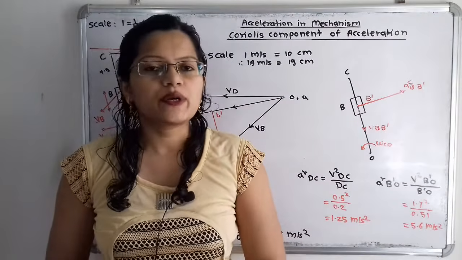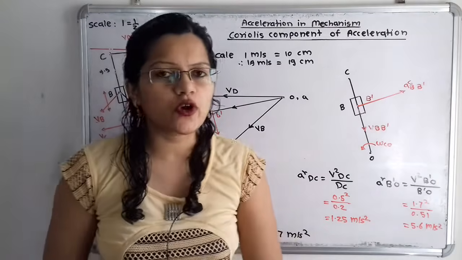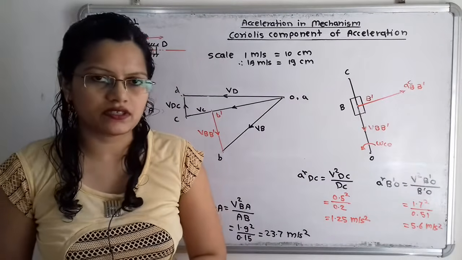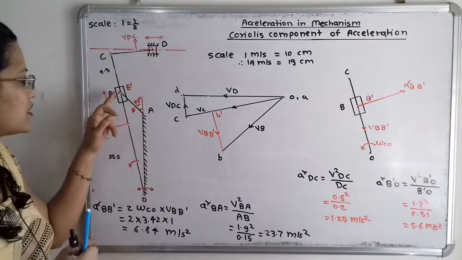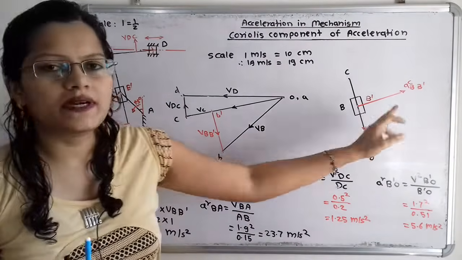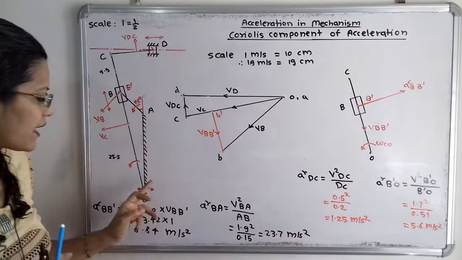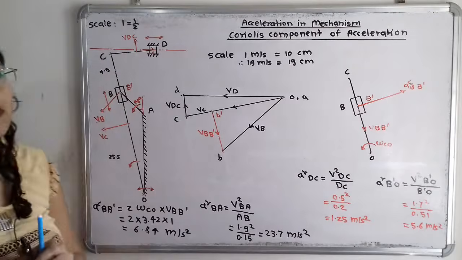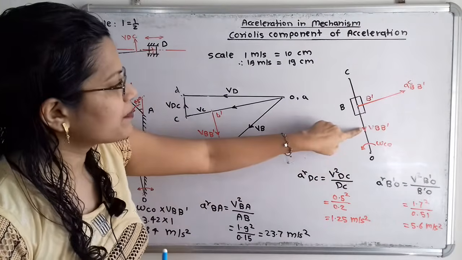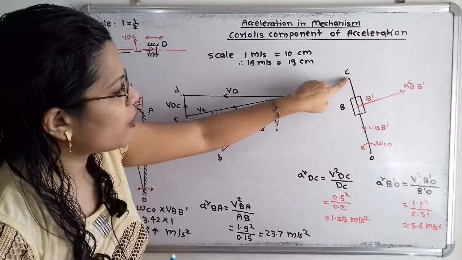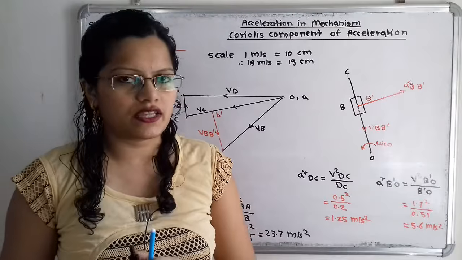I will give you an important tip on how to decide the direction of the Coriolis component of acceleration. We know the direction of velocity for b to b dash, and we also know the direction of the angular velocity for the link OC. In this diagram the direction is from point C towards point O, that is, downward.